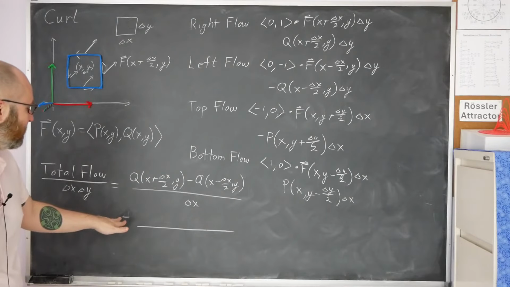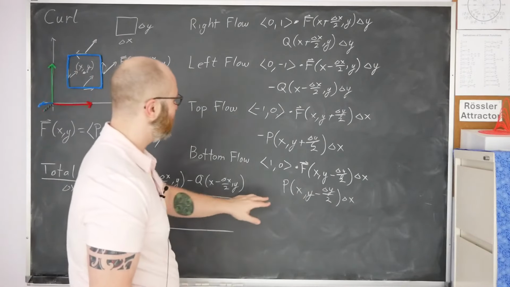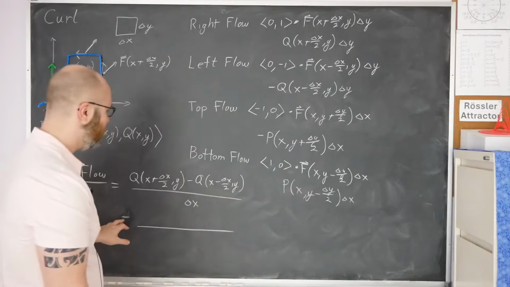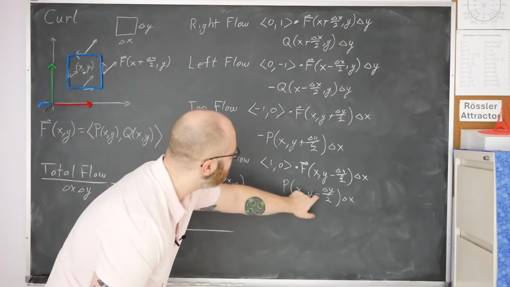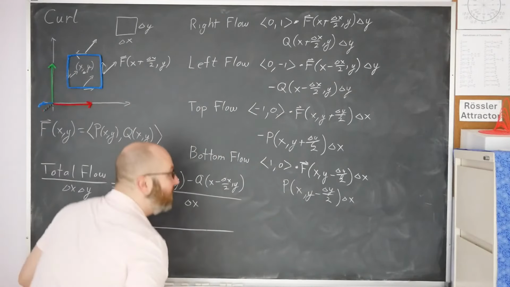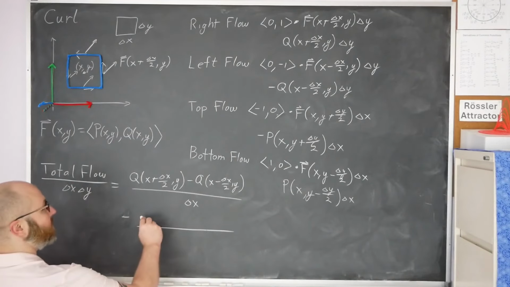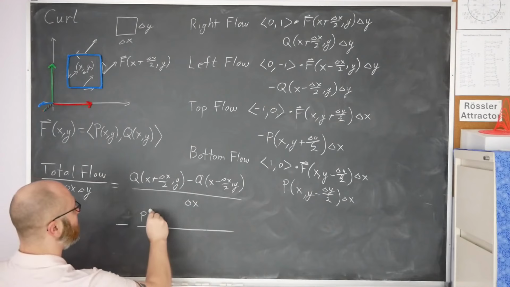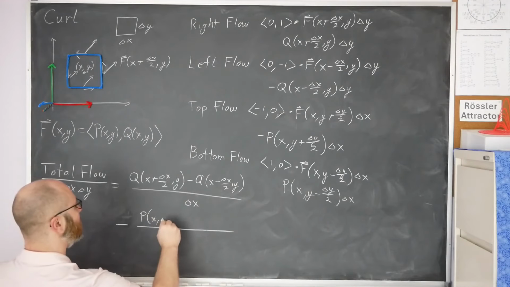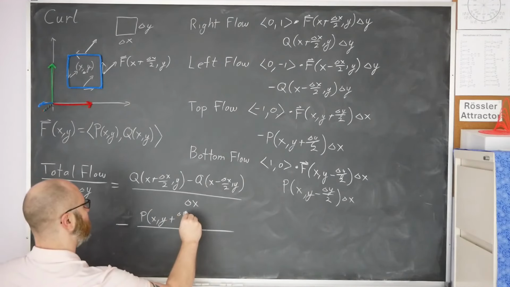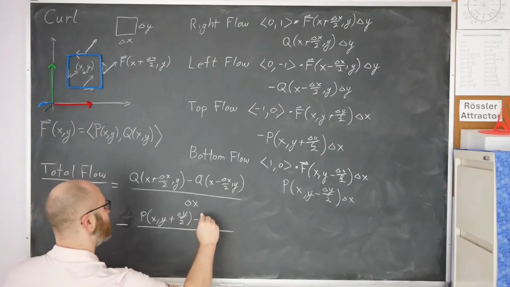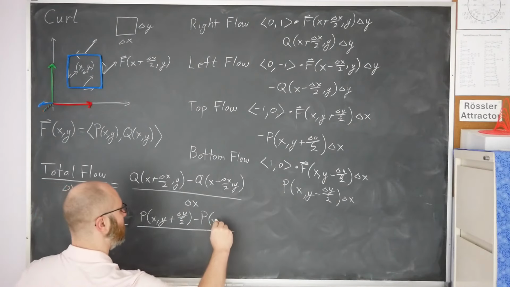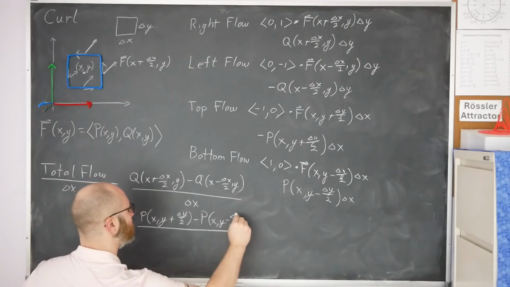I'm going to take a minus out of the entire fraction. So what is this here? P of x comma y plus delta y over 2 minus p of x comma y minus delta y over 2.